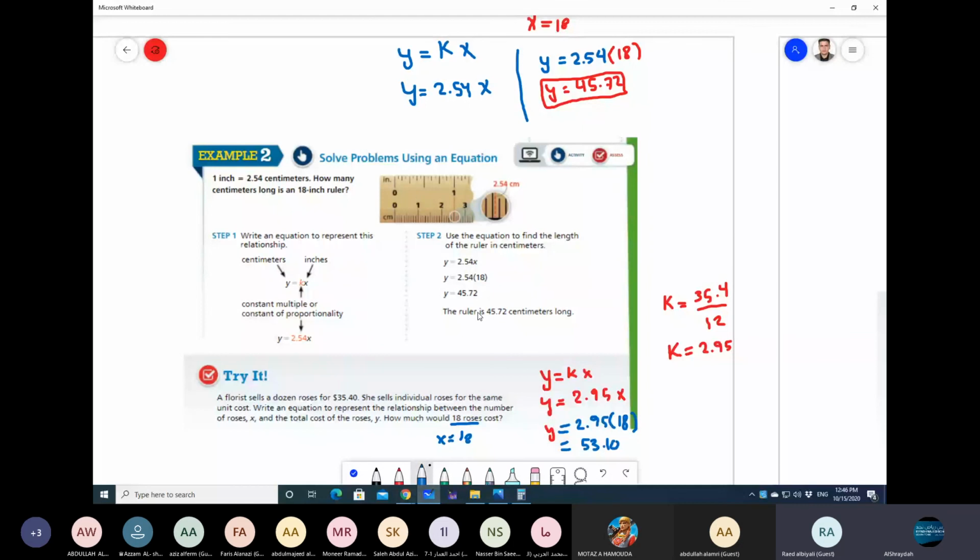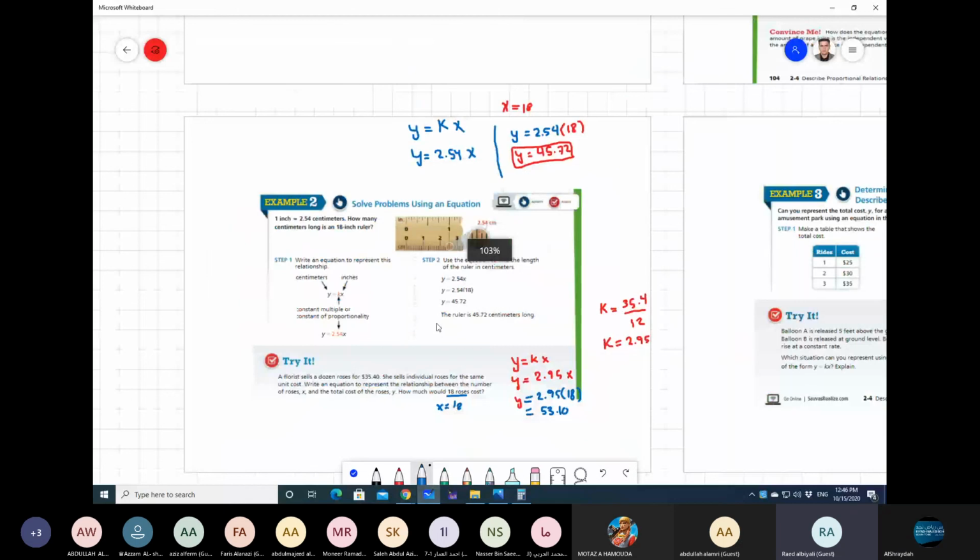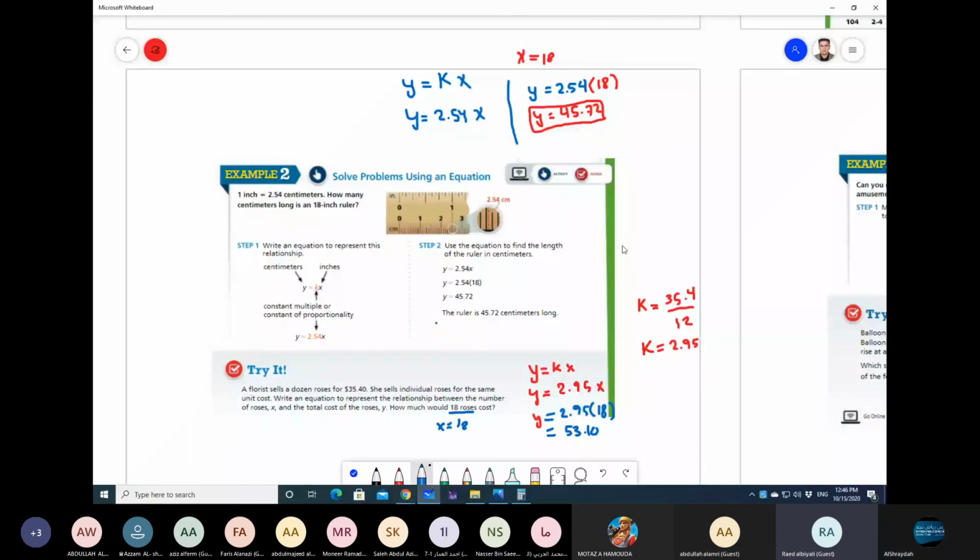Teacher, how did you get 53? Multiply 2.95 times 18. Multiply, and you will get 53.10. Okay, yes, it's easy.